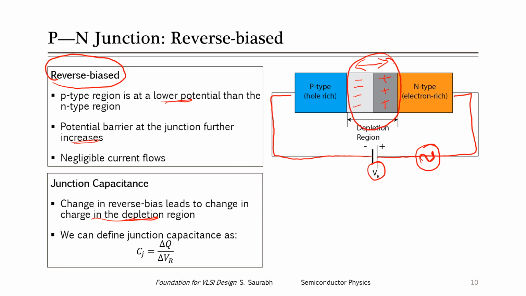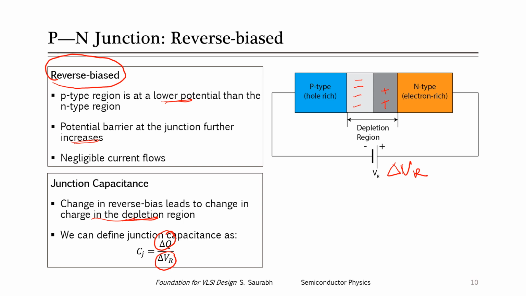And how can we define this junction capacitance? We can define it as delta Q by delta VR, meaning that if we make a small change in voltage from VR to VR plus delta VR, how much extra charge is there, delta Q?